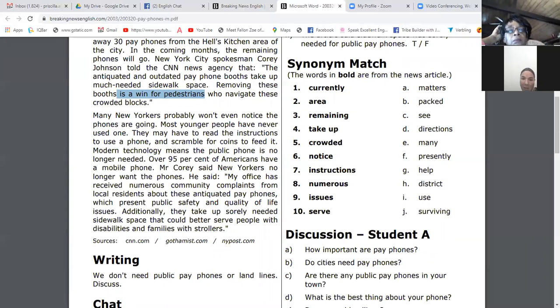Okay, what's the meaning of the word pedestrians? Do you, Hassan, have a car? No. Does anyone in your family have a car? Yes, my mother has. What does your mother do with her car? Well, she goes shopping from time to time. So she drives her car from time to time.